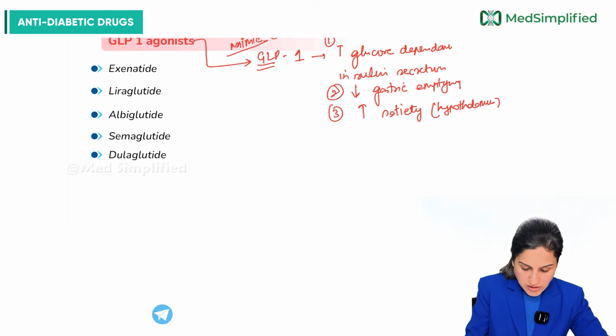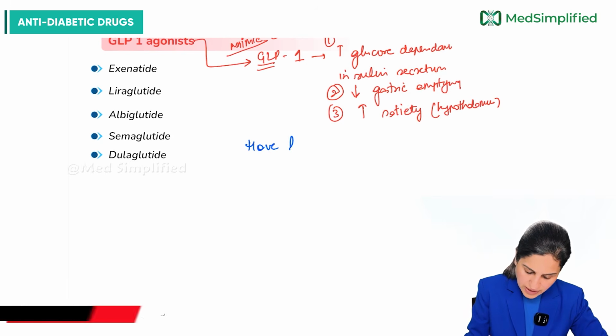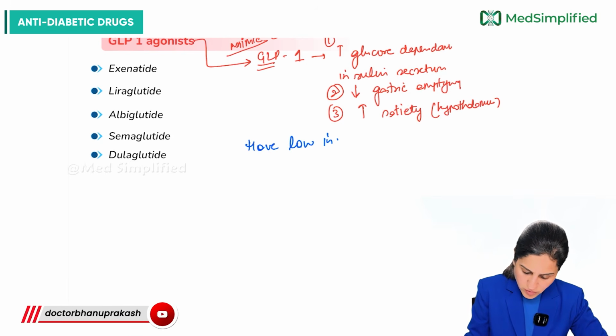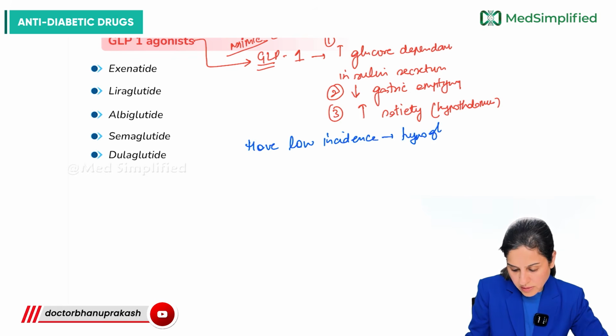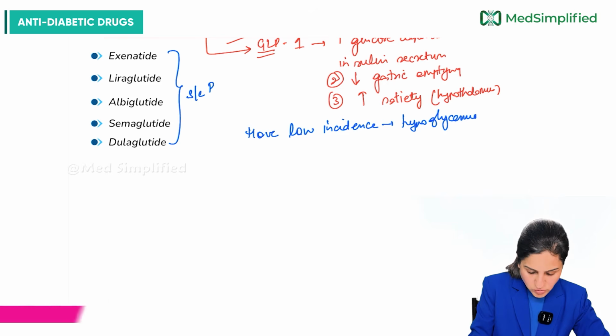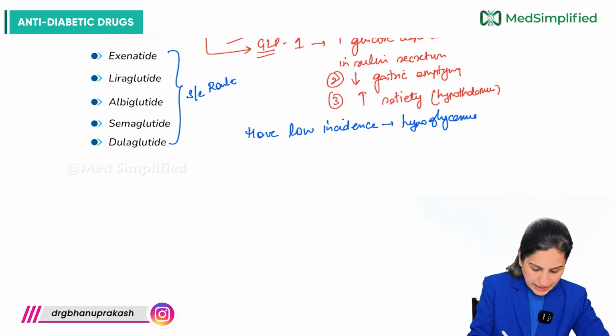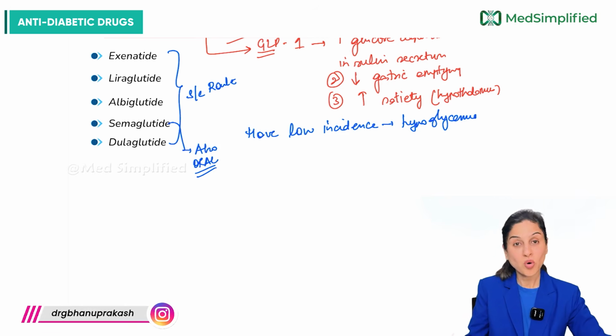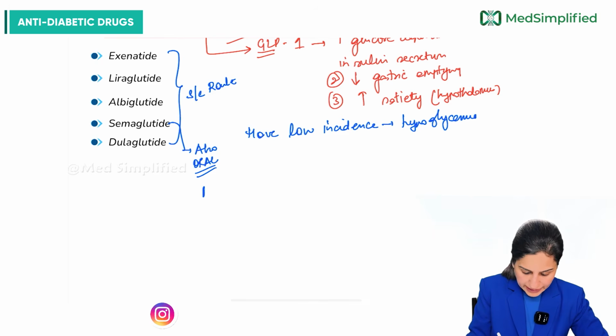Now, this group of drugs has a low incidence of hypoglycemia. All these drugs are given by the subcutaneous route except semaglutide, which is also given by the oral route.